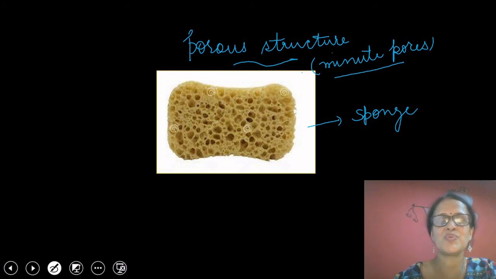So once you press the sponge, the air which was trapped in these pores comes out. So in spite of being a solid, a sponge can be compressed. What is the reason? Reason is that because of its porous structure, the air remains trapped in its pores. So once you squeeze it, the air which was present in these pores comes out. Children, I hope this point is clear to you.